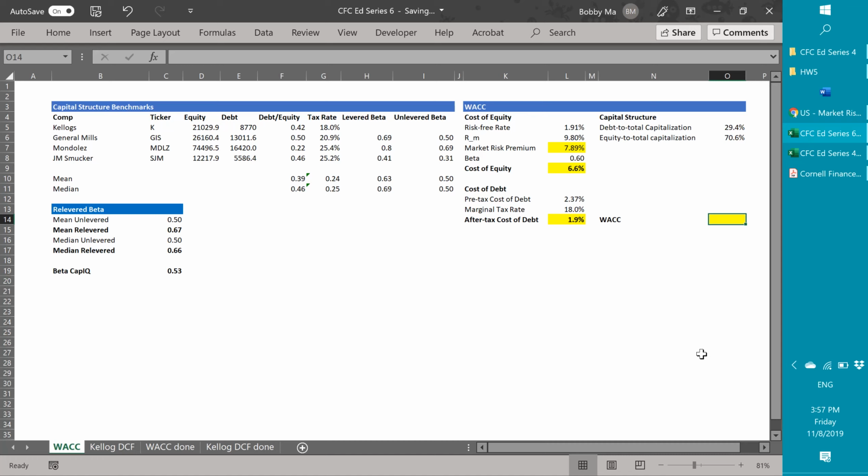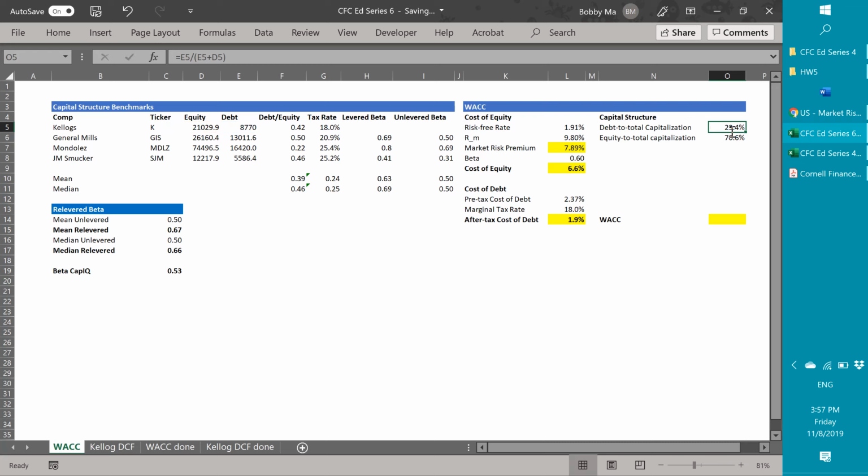All right, cool. So now we want to weight the cost of equity and the cost of debt. You can see that this equation for debt to total capitalization is Kellogg's debt divided by equity plus debt.